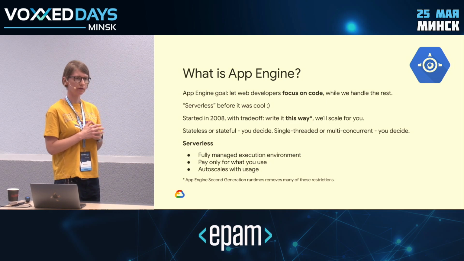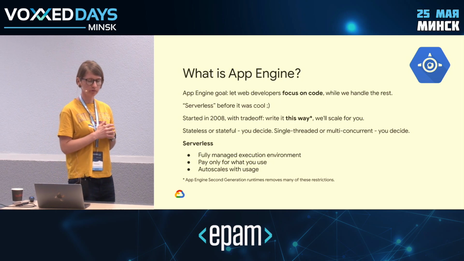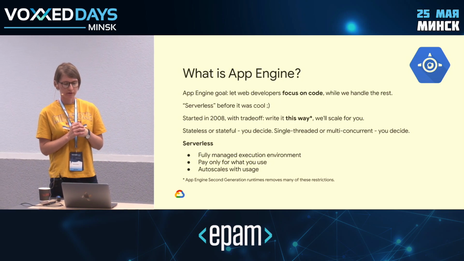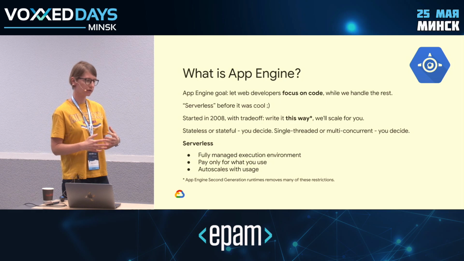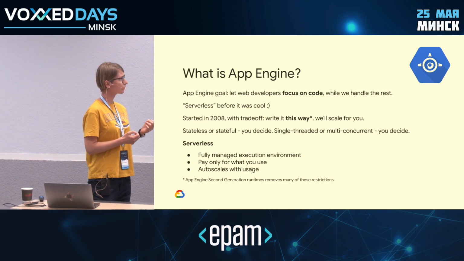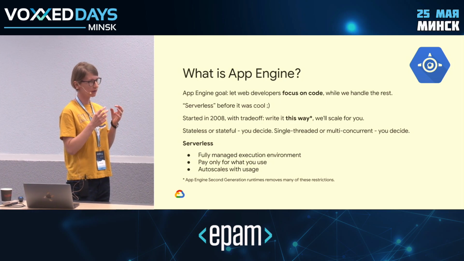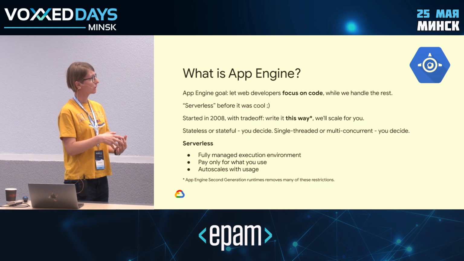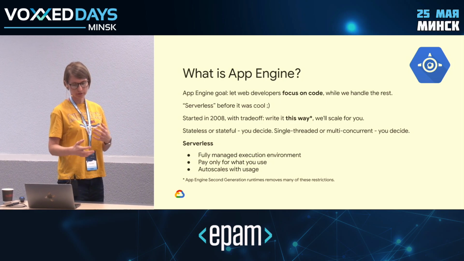App Engine also started as a very opinionated framework for writing web applications. For instance, if you wanted to log something, you needed to use a specific library shipped with App Engine so you could see your log.